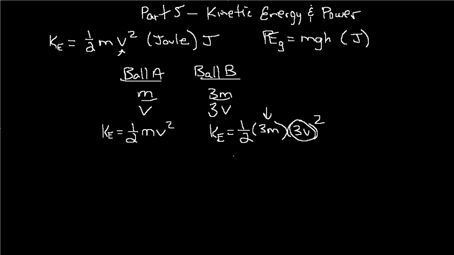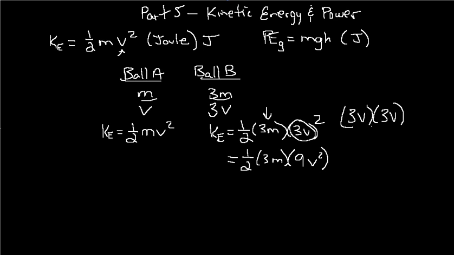So when we do that, just do a little math here, we're going to have 1/2 3m. This whole quantity squared is going to become 9, because 3 squared is 9. And this is going to be v squared, because 3v times 3v, which is 3v squared, is 3 times 3 is 9, and v times v is v squared. So this is what we get here. When we look at that a little bit further and break that up, we see we're going to have a 3 here and a 9 here. 3 times 9 is 27.